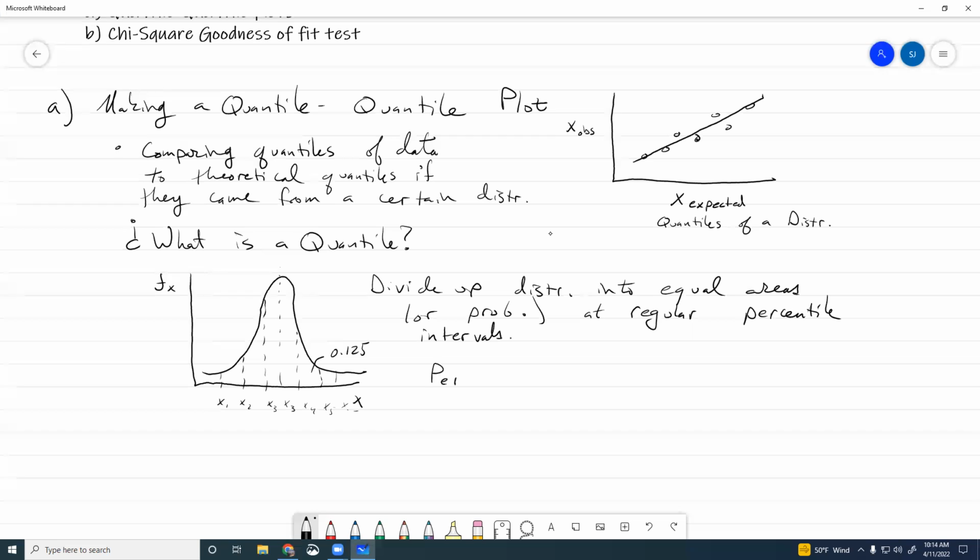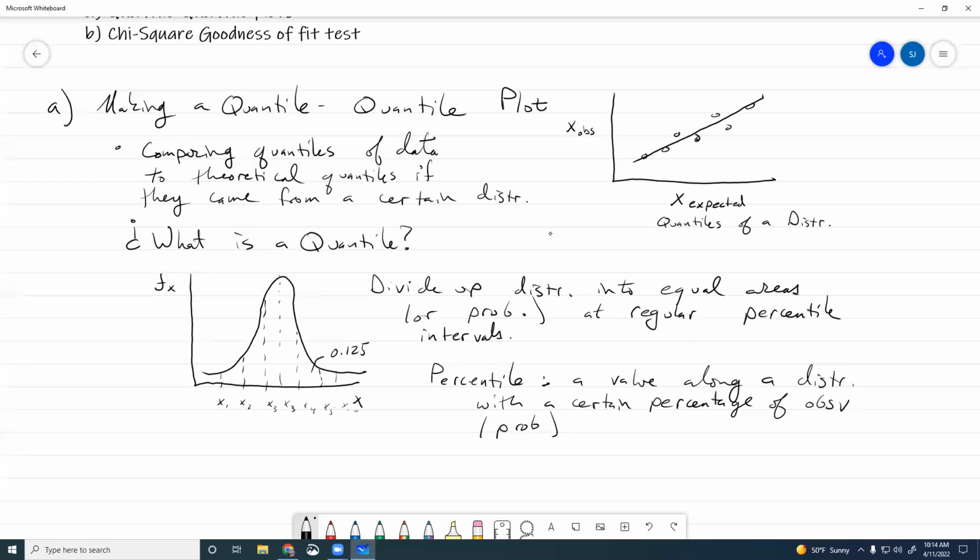And so a percentile, just to revisit that, is a value along a distribution with a certain percentage of observations or probability or area below it, and we've dealt with this already.